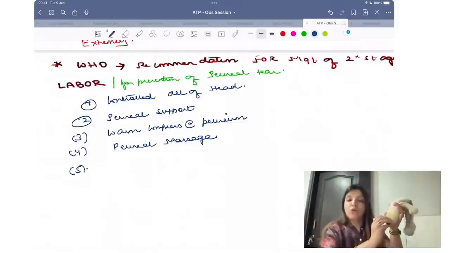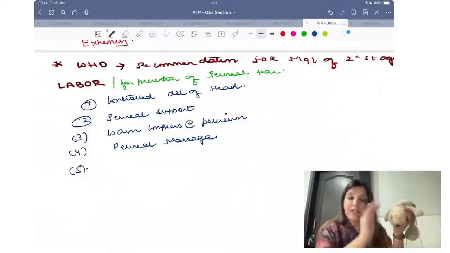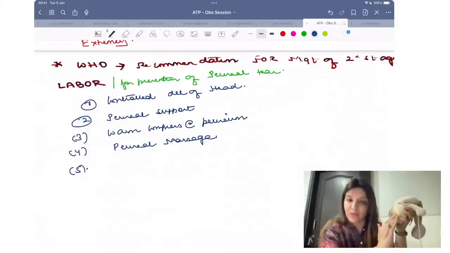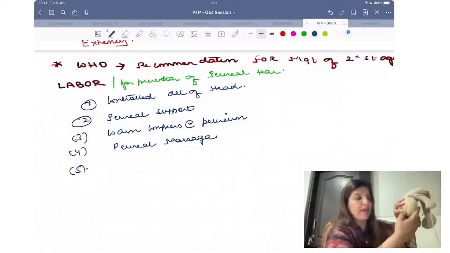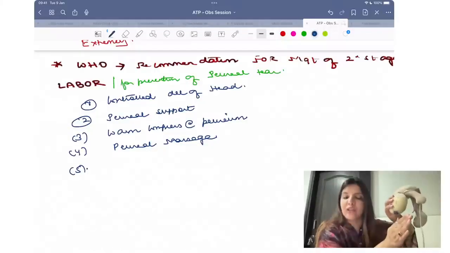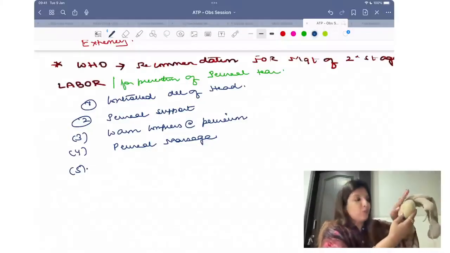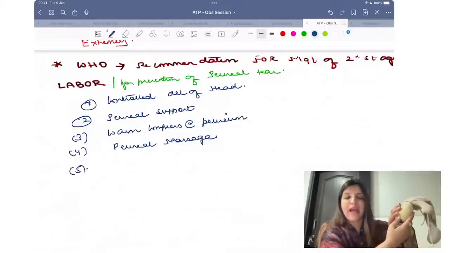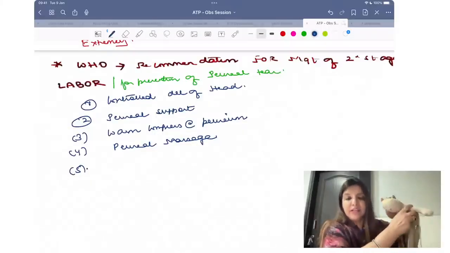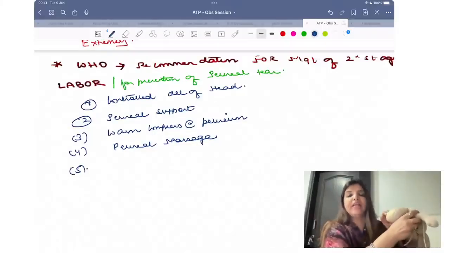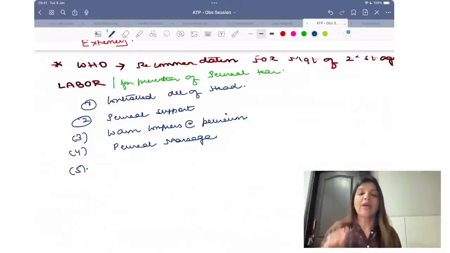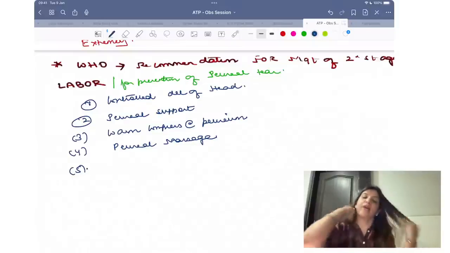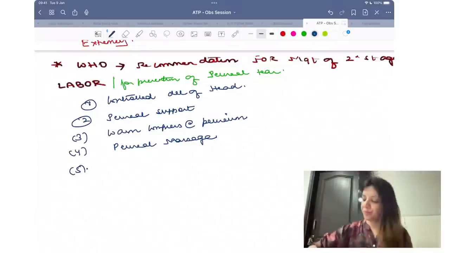is that WHO says that initially you have to flex the head of the baby. With one hand you are going to flex the head of the baby, and with the other hand you will give perineal support. With one hand flex the head of the baby and then extend. Initially flex and then extend. The baby's head is going to be delivered by extension, but initially flex the head so that smaller diameters come out. And what is this maneuver called?